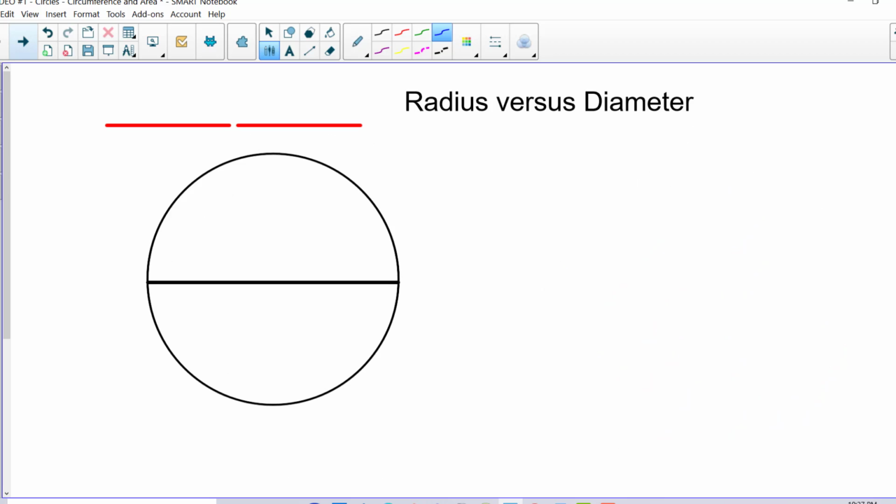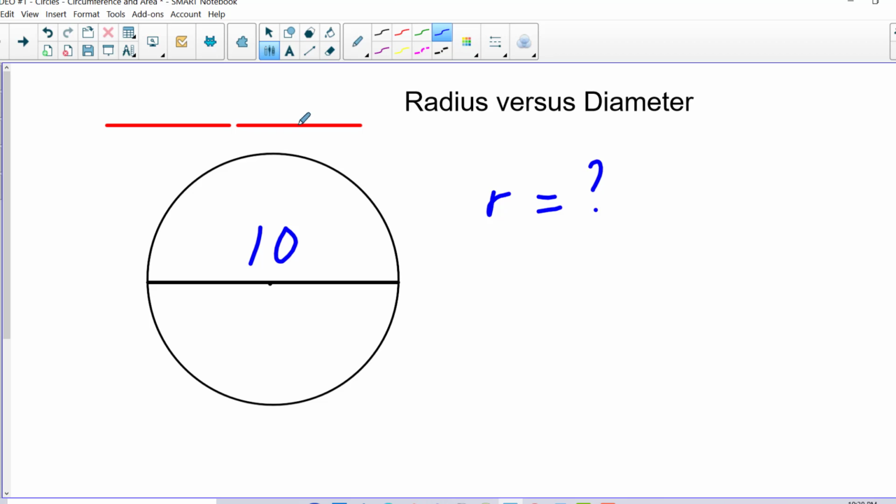So speaking of the radius versus the diameter, let's take a look at that in a little bit more detail. So here's my diameter through the center. We'll consider this the center. Let's say the diameter was 10 units. So what would the radius be?